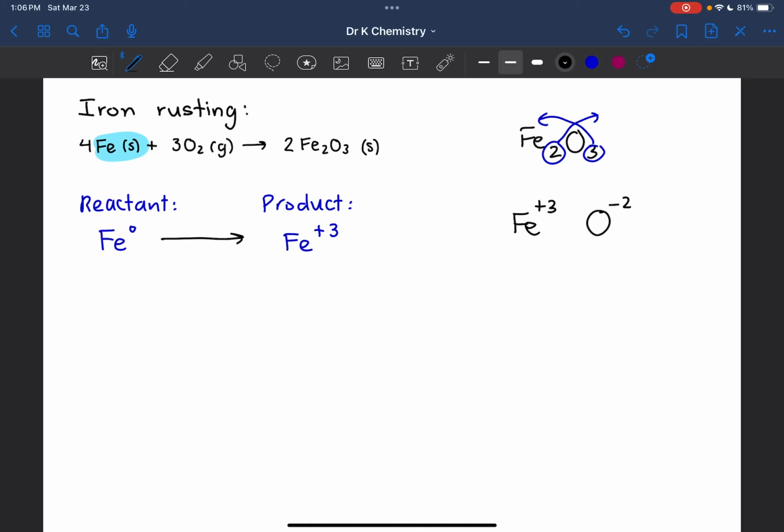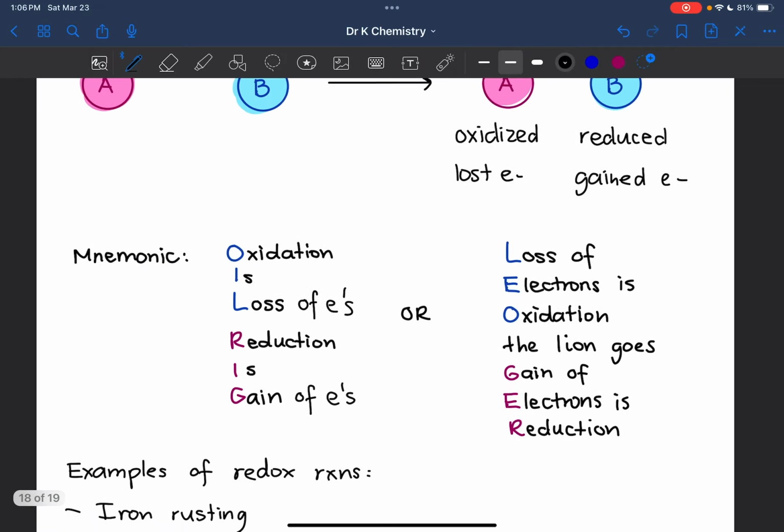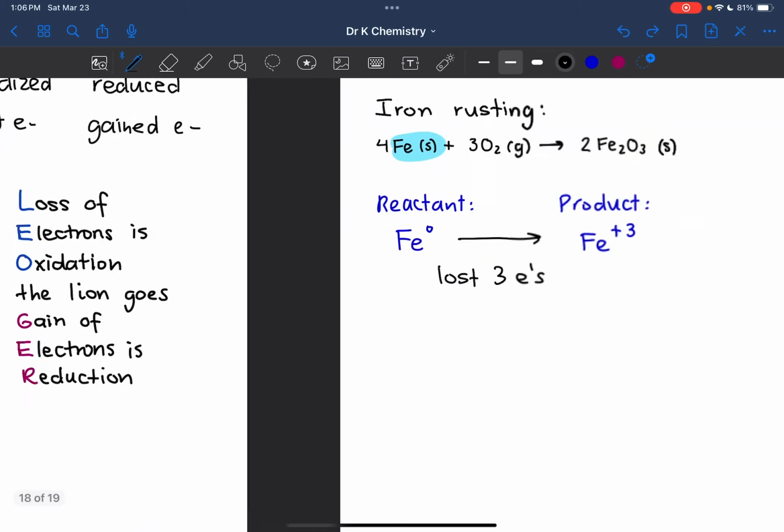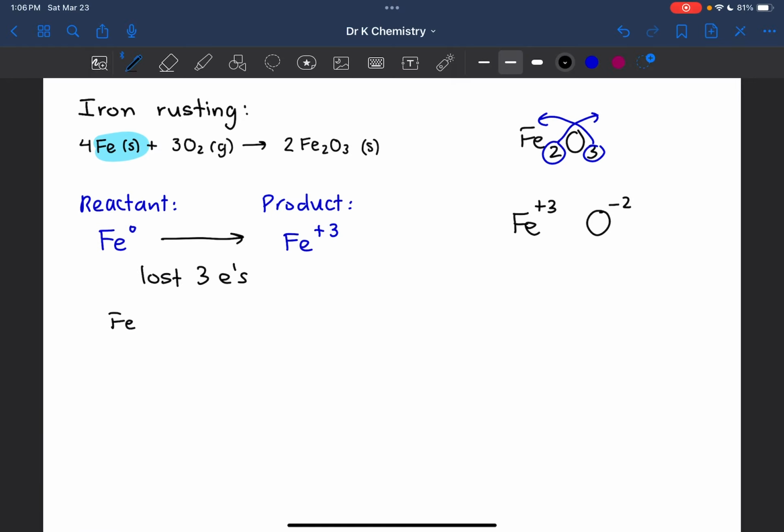So to end up with a charge of +3, that means that iron lost electrons. In fact, it lost 3 electrons. And if it lost electrons, if we look back at our mnemonic OIL RIG, oxidation is loss of electrons. So that means that iron got oxidized.